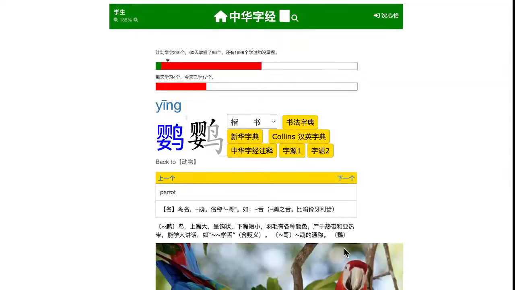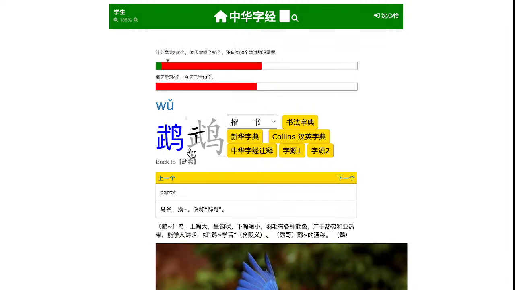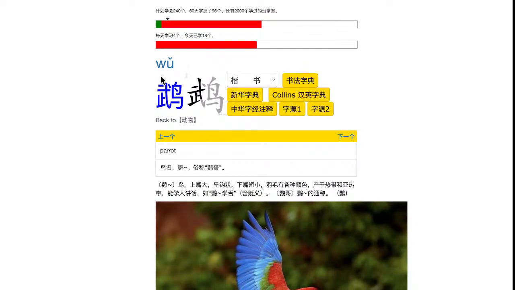鹦鹉. And these characters are very simple, okay? There's always a part of the character referring to what kind of thing it is. Because this is a bird, the right-hand side is a bird, right? And the left-hand side is used to represent its pronunciation, 五.